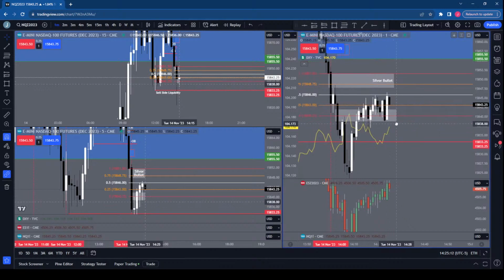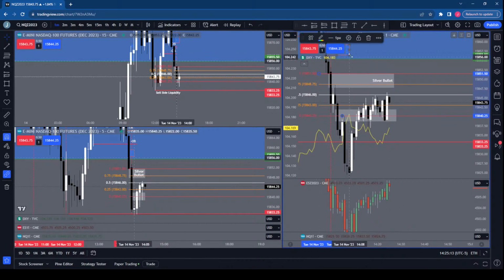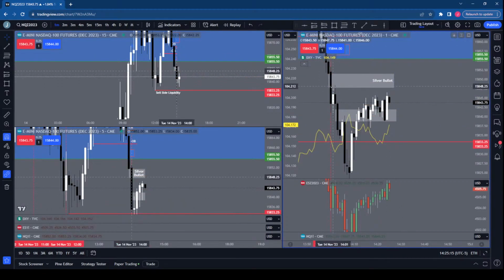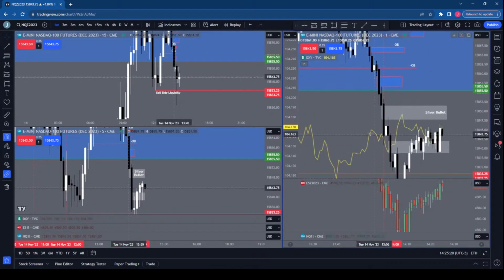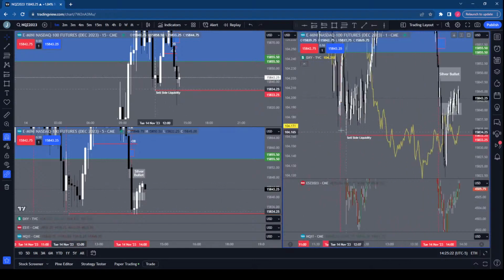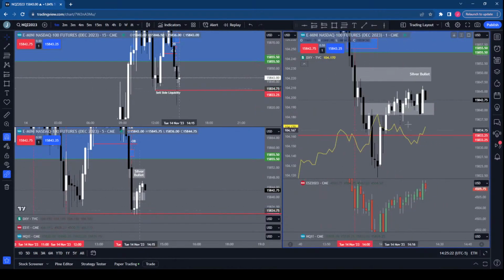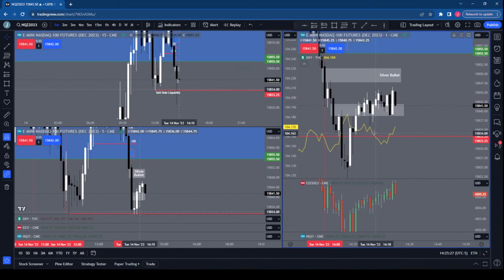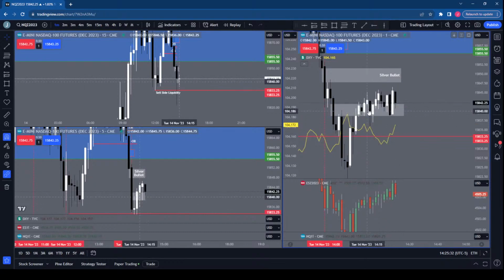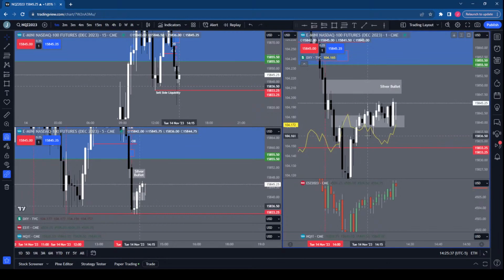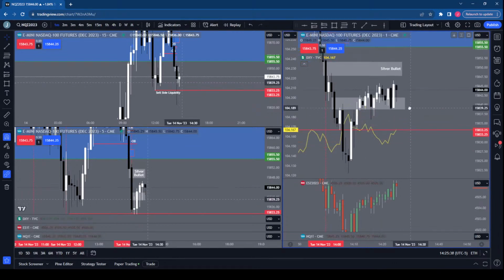And another thing too, notice how quickly this price leg happened. This price leg happened so quickly because the draw was so obvious. And now that we've taken that draw, that's one of the reasons why I exited that trade as well, because I kind of saw this static coming and I didn't want to sit through it.